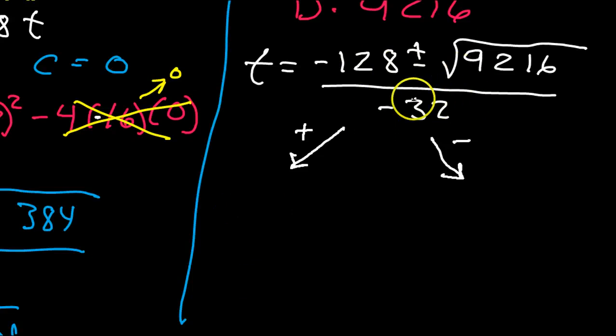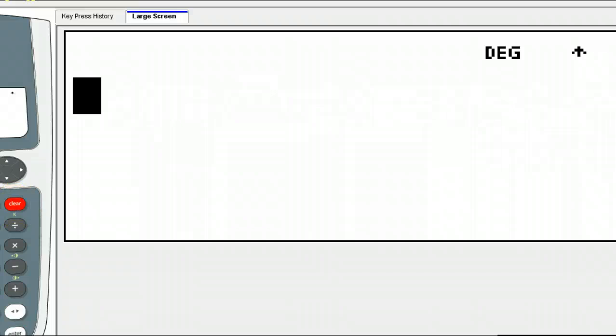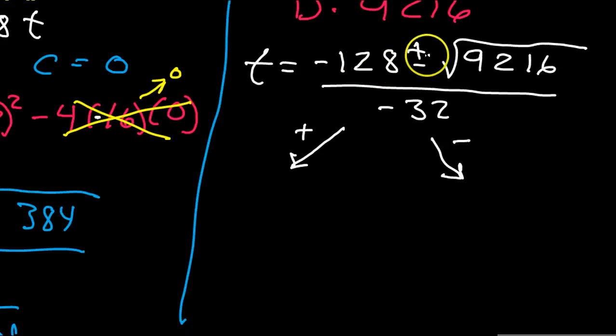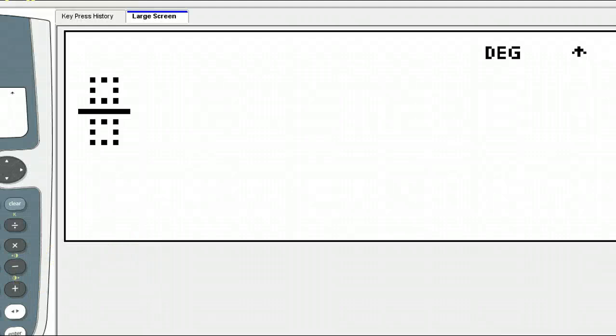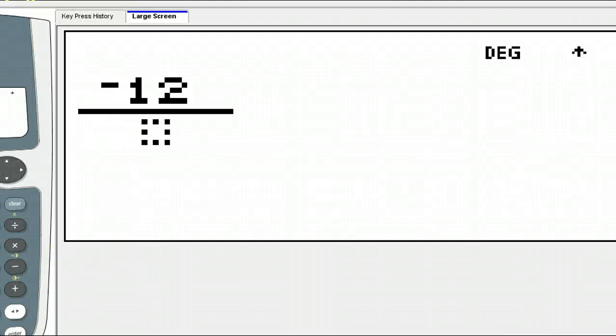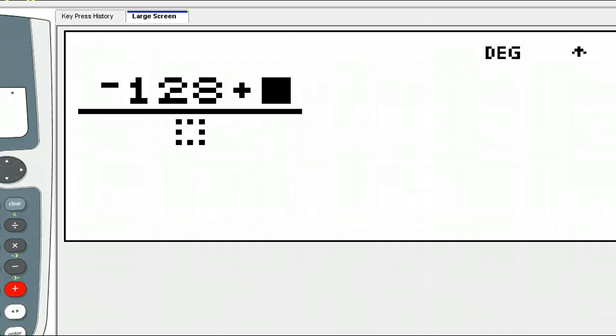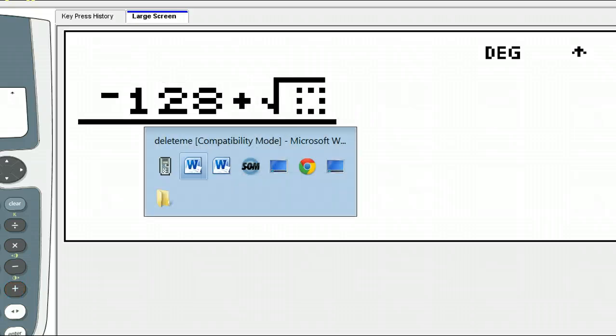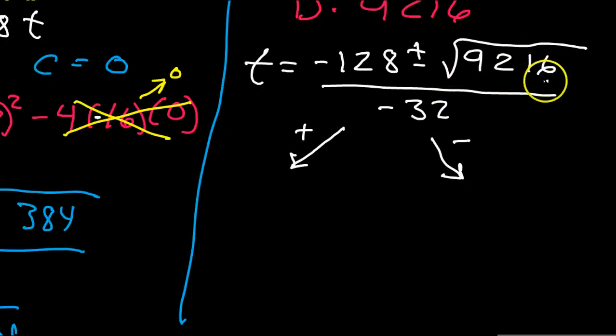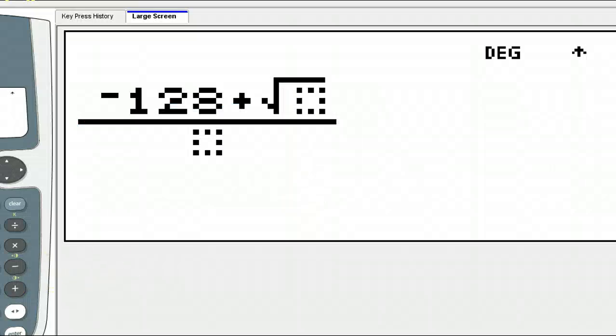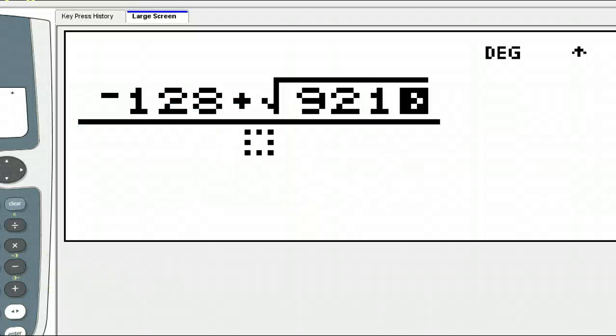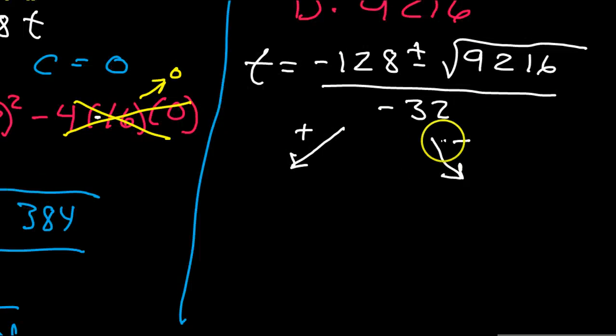Okay, so if I put this in to my calculator, start off in fraction mode. So we have a negative 128 plus square root 9,216 over negative 32.